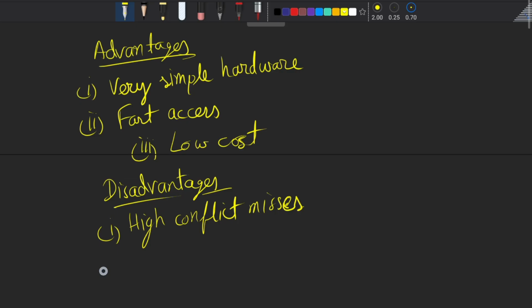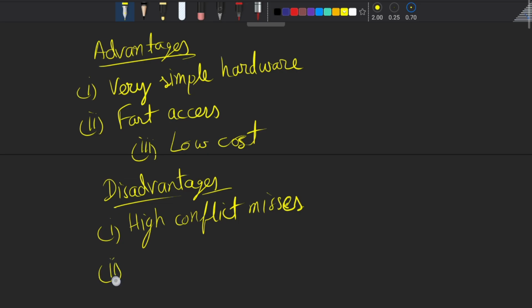Therefore, it leads to many conflict misses, as we have already discussed above. Even if we have empty cache lines, we'll have to replace data from one cache line to store data from main memory because we have a rigid formula.